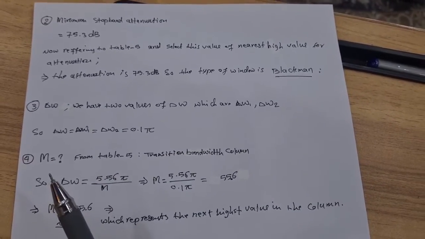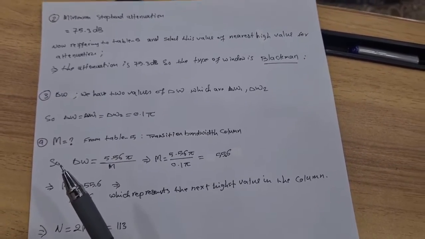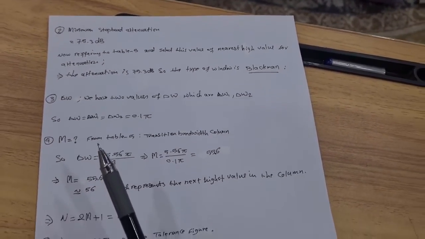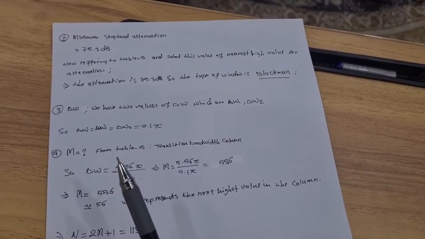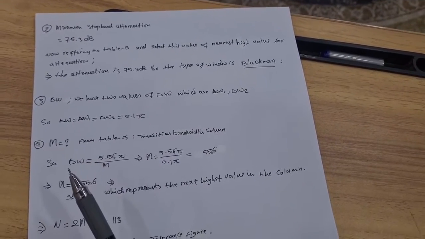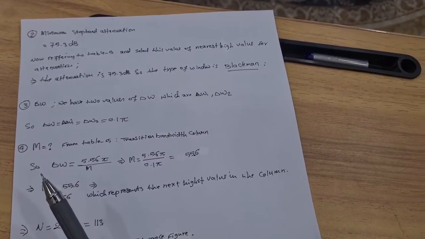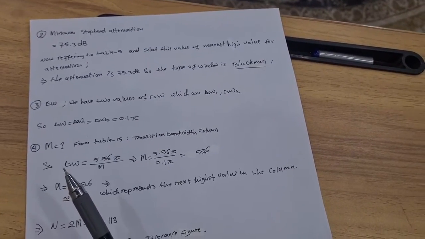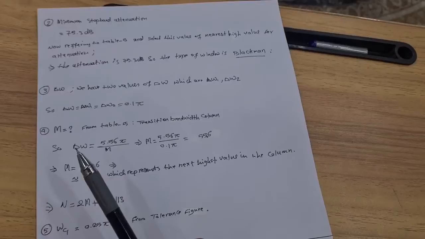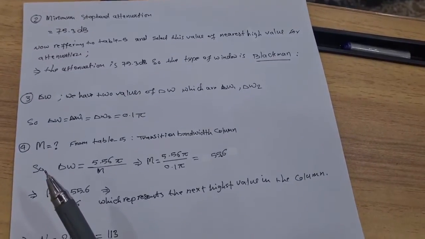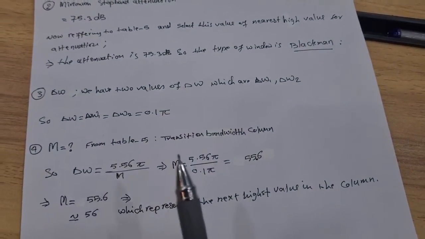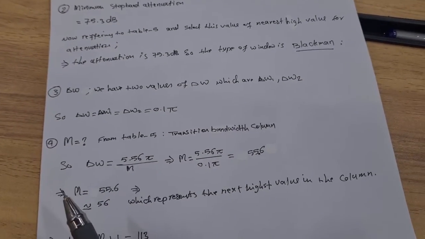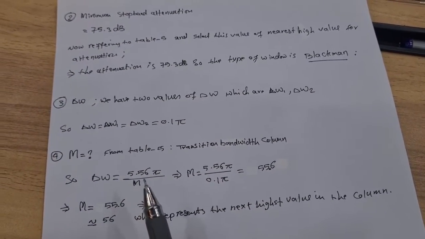How can we select the M value, which refers to how we shift the signal figure to the right, and by which value? Okay, this is M. From table 5, in the transition bandwidth column, we can get delta W equal to 5.56 pi over M.